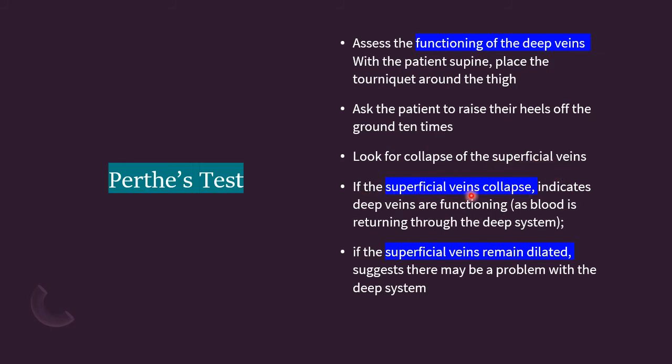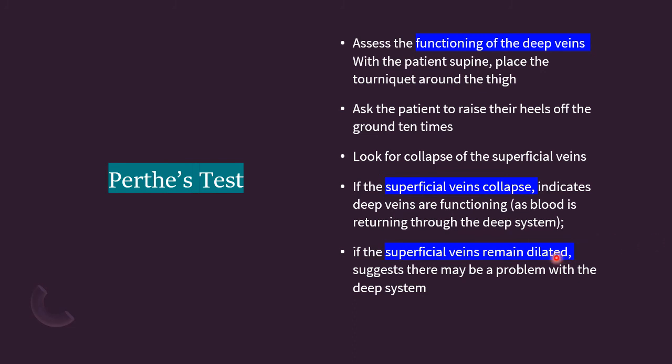If the superficial veins collapse, that indicates deep veins are functioning, as blood is returning through the deep vein system as usual. If, however, the superficial veins remain dilated or become more dilated, that suggests there may be a problem with the deep vein system, whether it is obstructed or there are incompetent valves in the deep vein system that prevent the blood from draining from the superficial system.